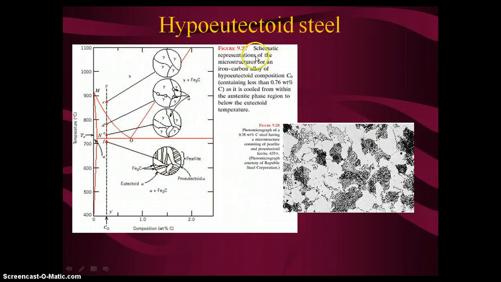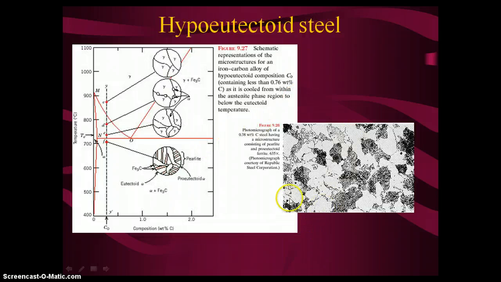This is a schematic representation of microstructure for the iron carbon alloy of hypoeutectoid composition. This is cooled from within the austenite phase region, and this happens below the eutectoid temperature.